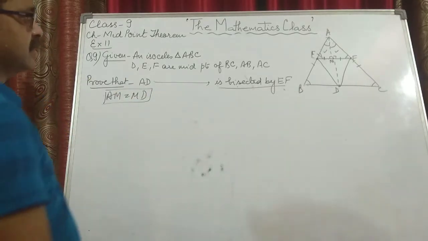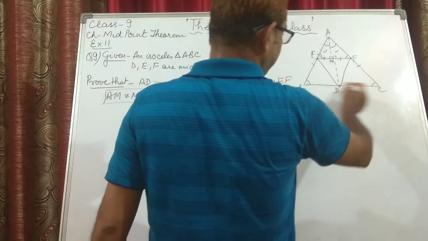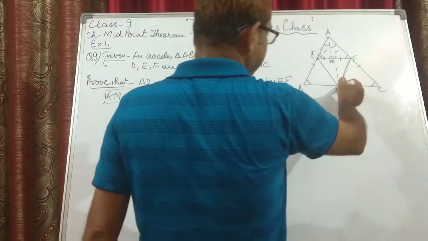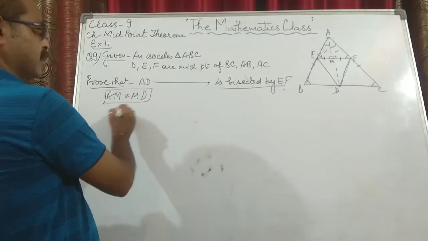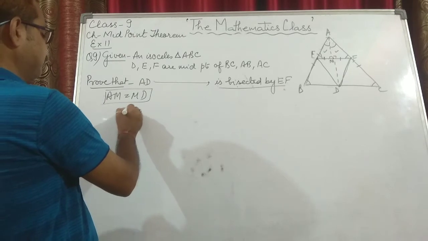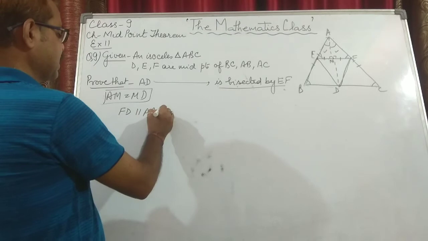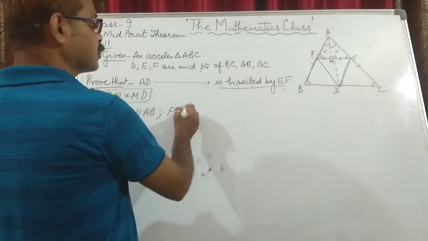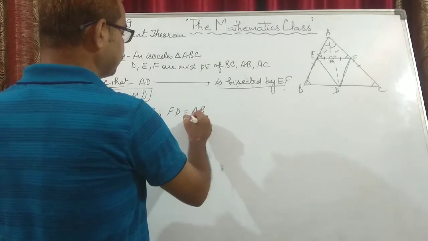Now what we can see, F is the midpoint of AC, D is the midpoint of BC. First point, we can say FD is parallel to AB, and FD is equal to half of AB.